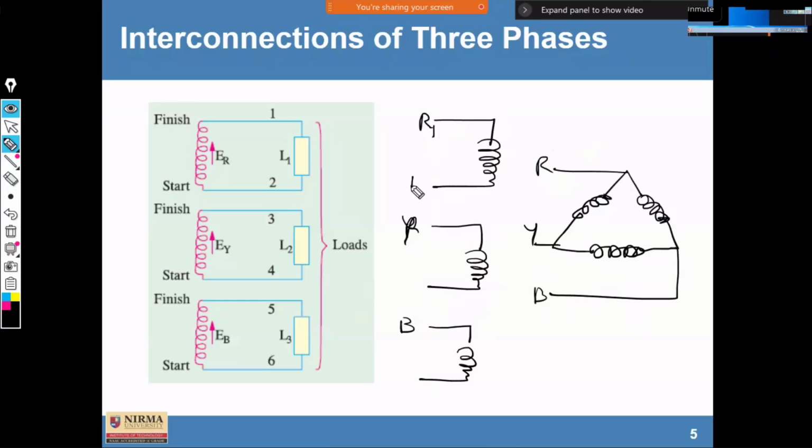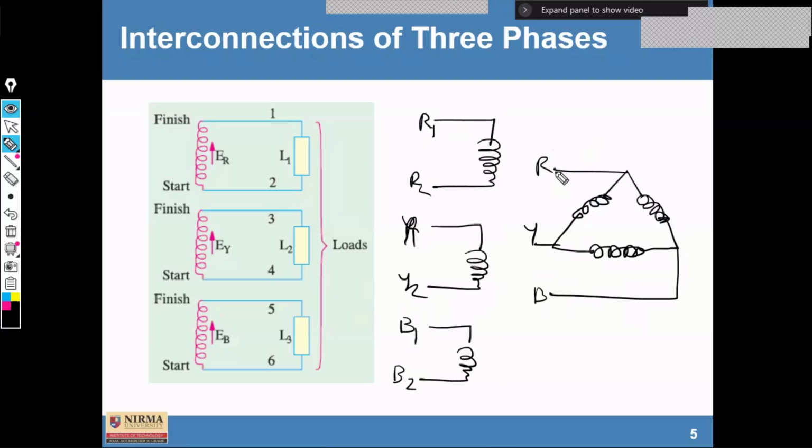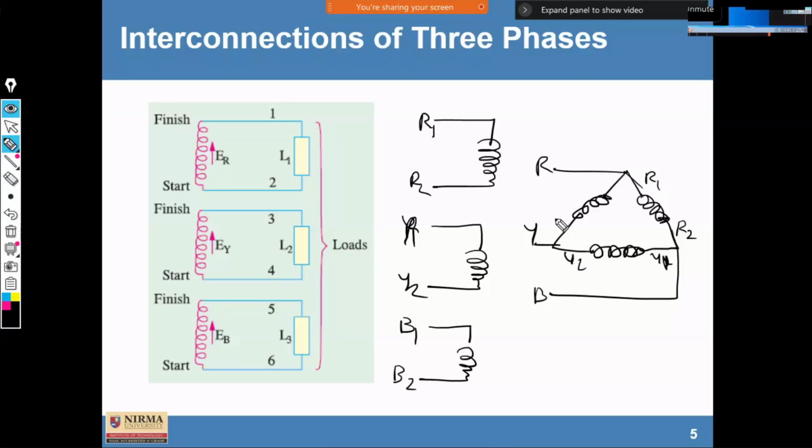So we can consider them as R1, R2, Y1, Y2, and B1, B2. Clear? So here, suppose this is the R phase, R1, R2, then this is the Y phase, Y1, Y2, and similarly B1, B2, and you can write B1, B2 here and Y1 and Y2 here.